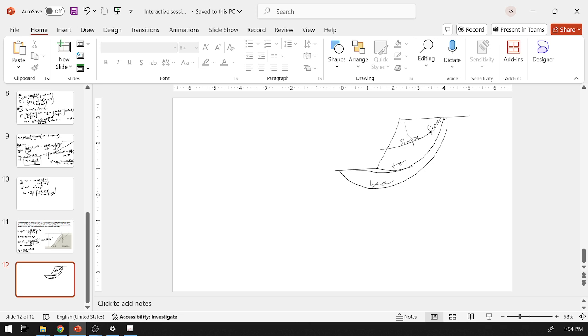So in homogeneous clays with phi equivalent to 0, what we do is simply we take the mass of the sliding body. If this is the circular failure surface, we take the mass of this body and we equate it.